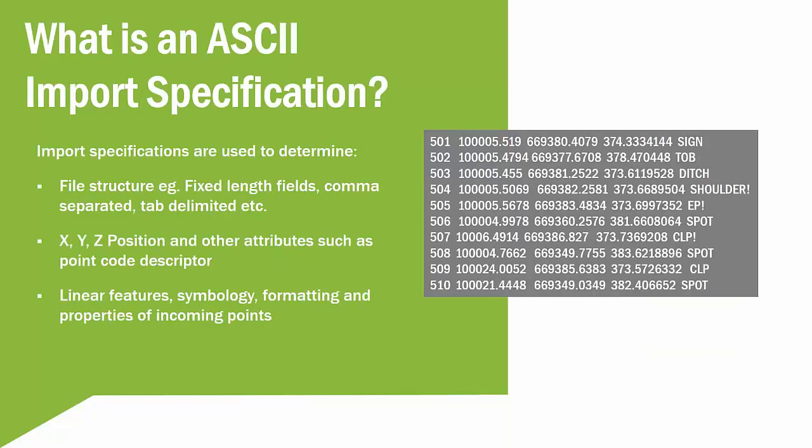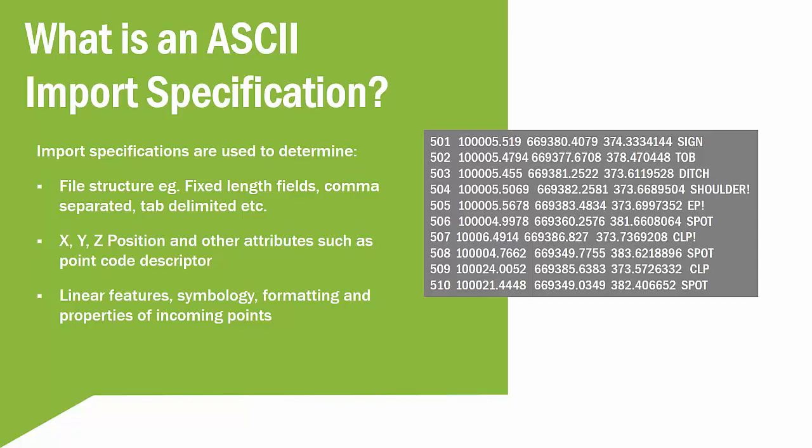What is an import specification? As I said, it is a special file that allows RoadEng to read in your survey file. So it tells the software your file structure, whether it's delineated by fixed length fields, comma separated, tab delineated, or delimited, etc. It also tells the software what is X, what's Y, and what's Z in terms of positioning and other attributes such as a point code descriptor.